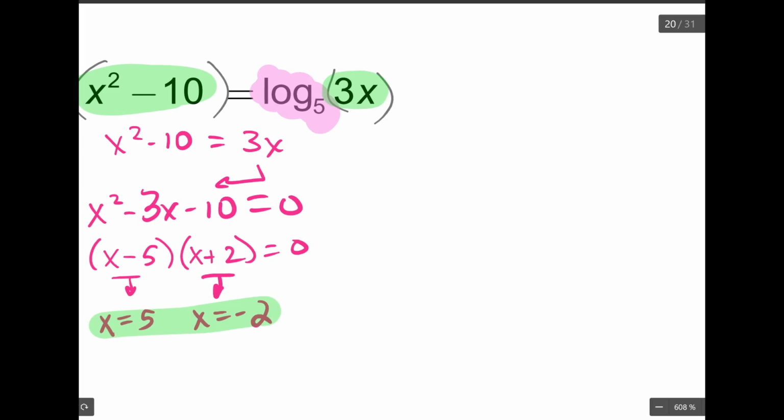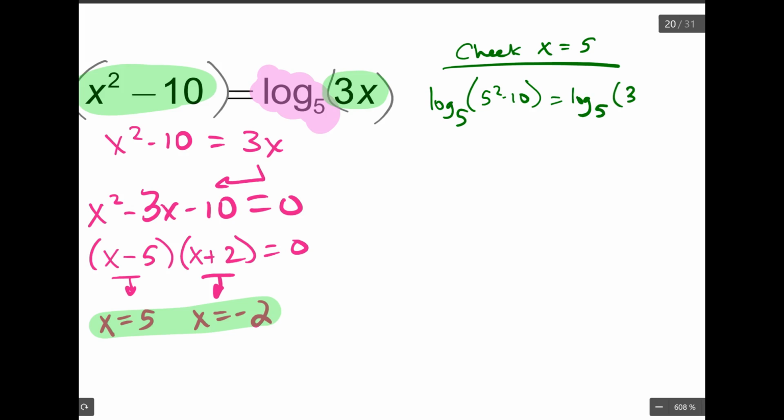Let's check x equals 5 first. I'm not doing out the whole problem. I'm just asking, does this return positive or negative? So log base 5, 5 squared minus 10, equals log base 5, 3 times 5.